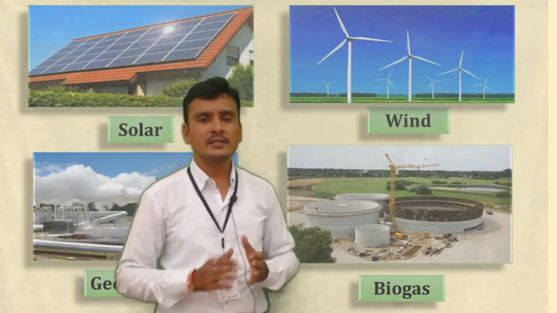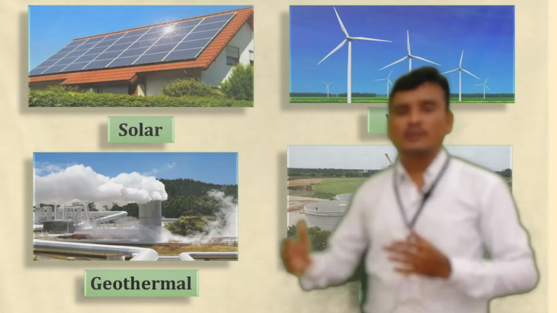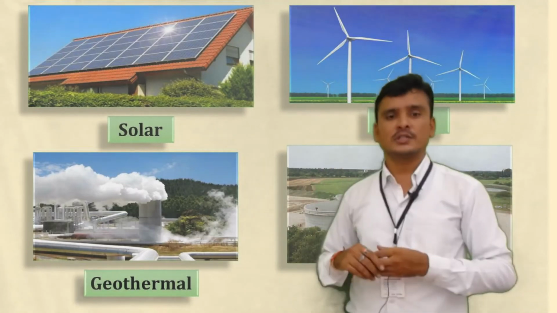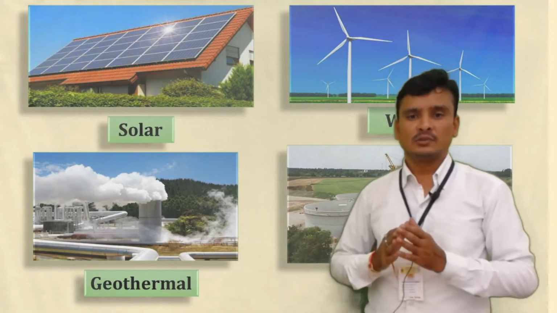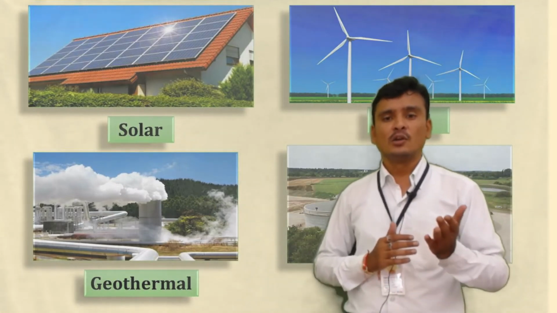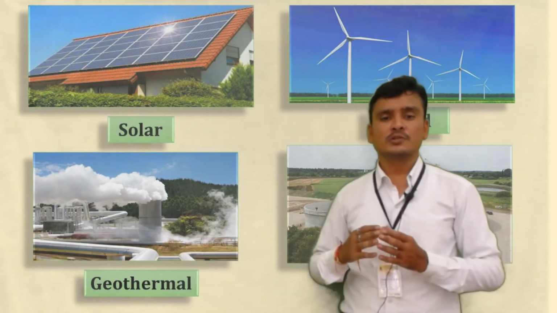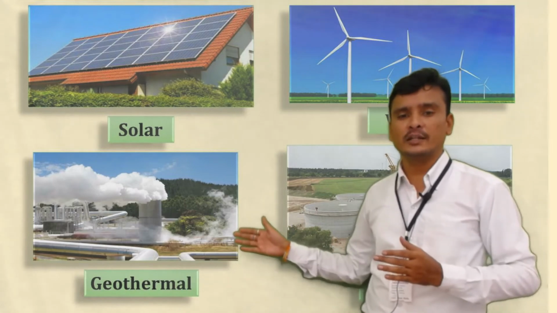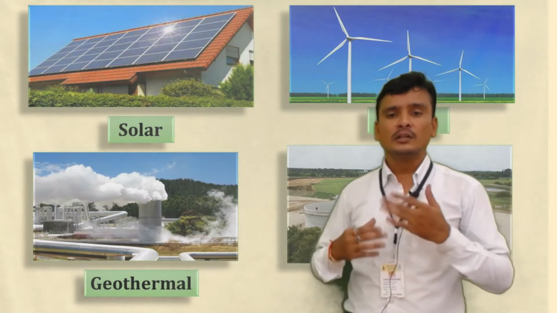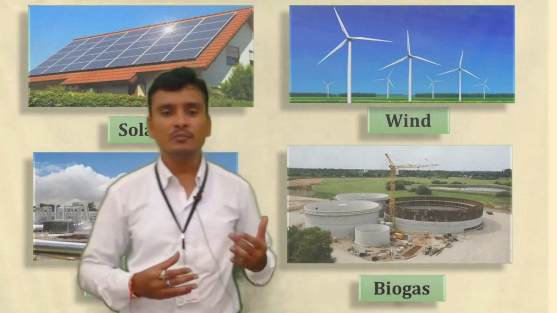Let's see some examples of non-conventional sources. That is solar. This is the unlimited source of energy, you know that. So that's why it is a non-conventional source. Then geothermal energy, means the hot streams inside the earth, through which we can produce energy.